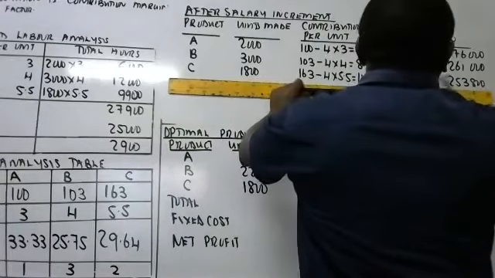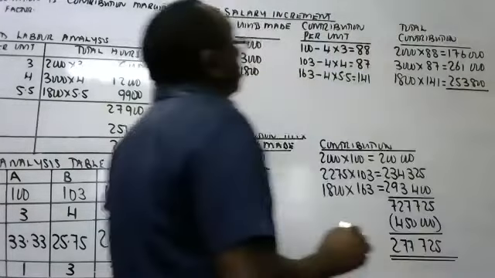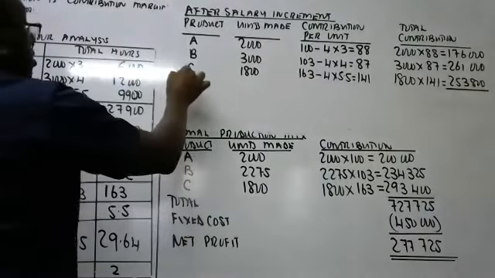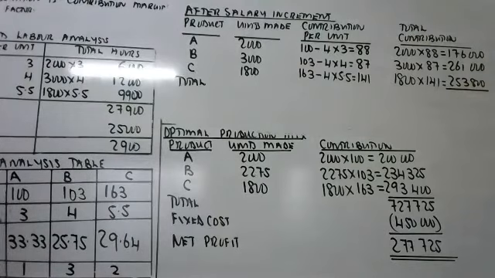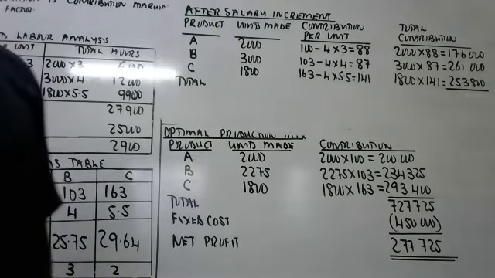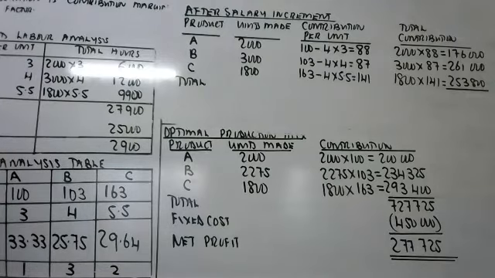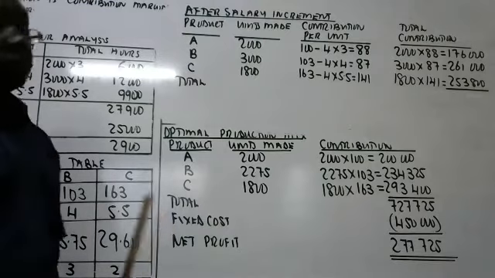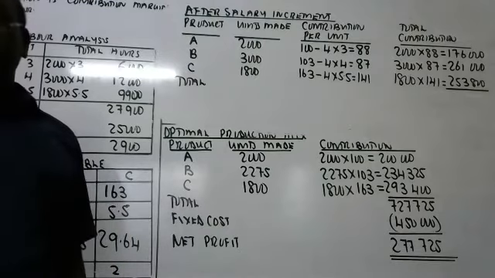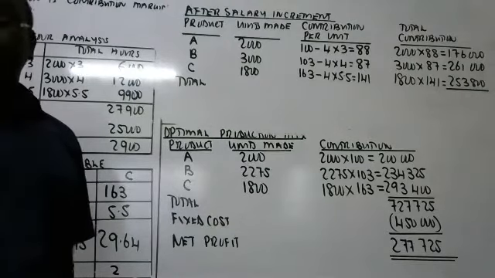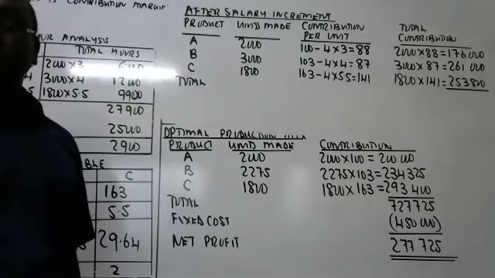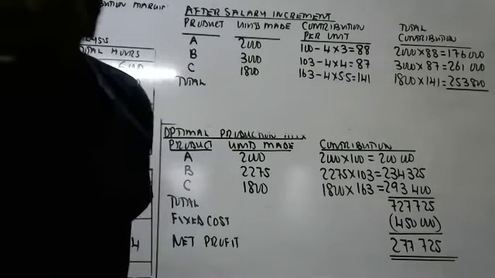So with that now we have the total. We need to get the total of those three: $690,800.